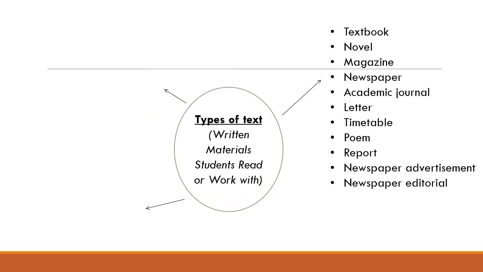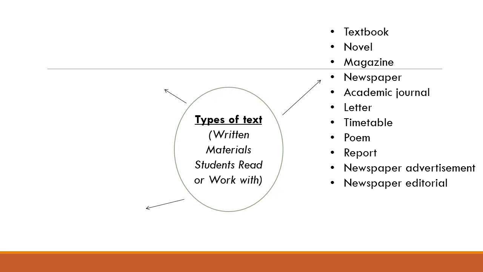Okay, so when we talk about the types of text in reading tests, we mean the different kinds of written materials that students might read. So this could include things like textbooks, novels, newspapers, magazines, letters, timetables, poems, advertisements, or reports, and more.